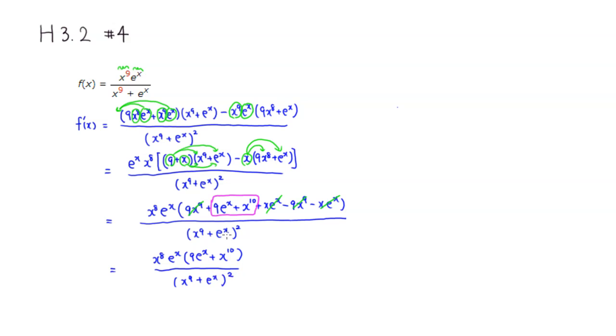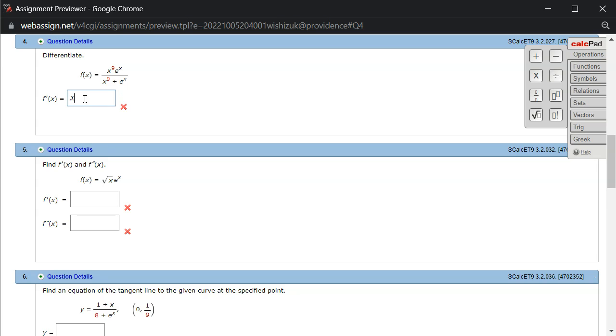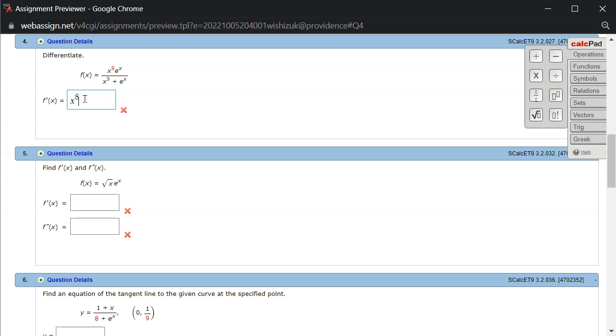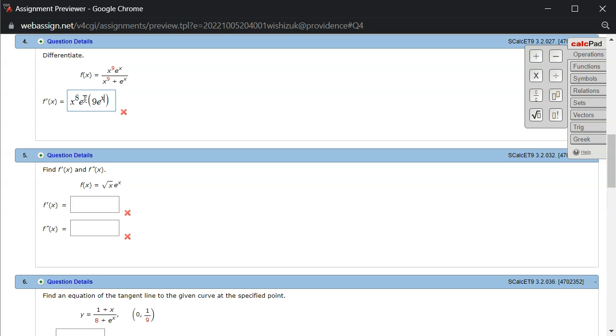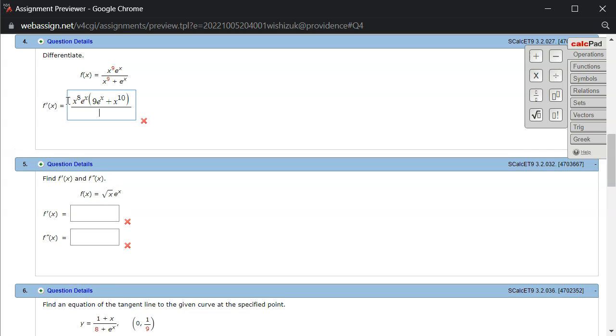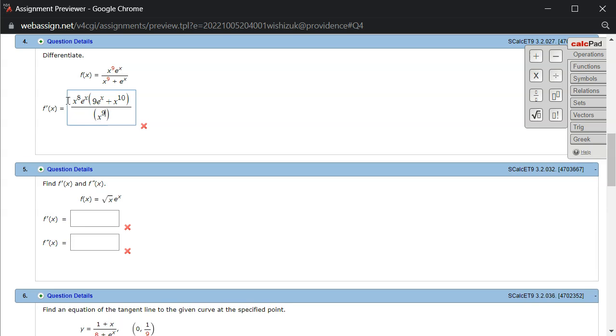Let's type it in. What we got was x to the 8th power times e to the x times the quantity 9 e to the x plus x to the 10th power, and then the whole thing divided by the quantity x to the 9th plus e to the x raised to the 2nd power.